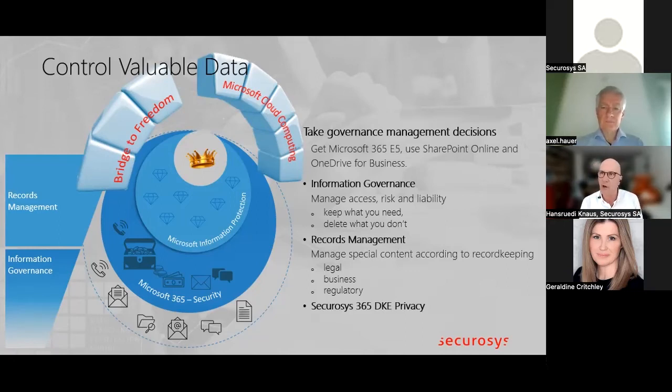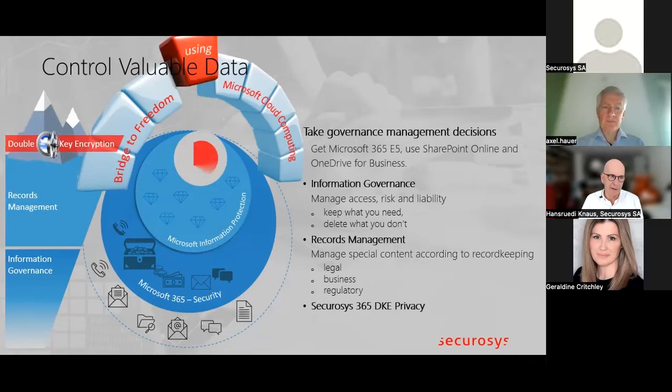You sure want to make it one piece. What if the bridge is not complete yet? This is about Securosys 365. There you can add Securosys 365 and encrypt these crown jewels within your data that's with Microsoft in the data center for SharePoint Online, OneDrive, or others, even locally works.